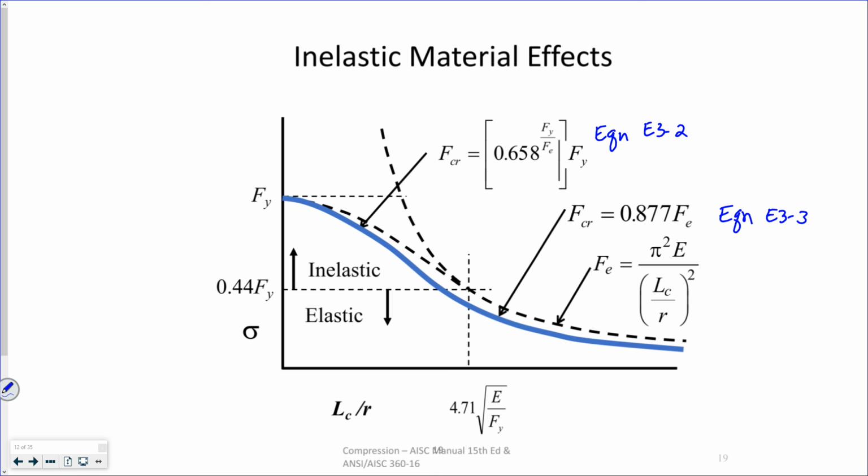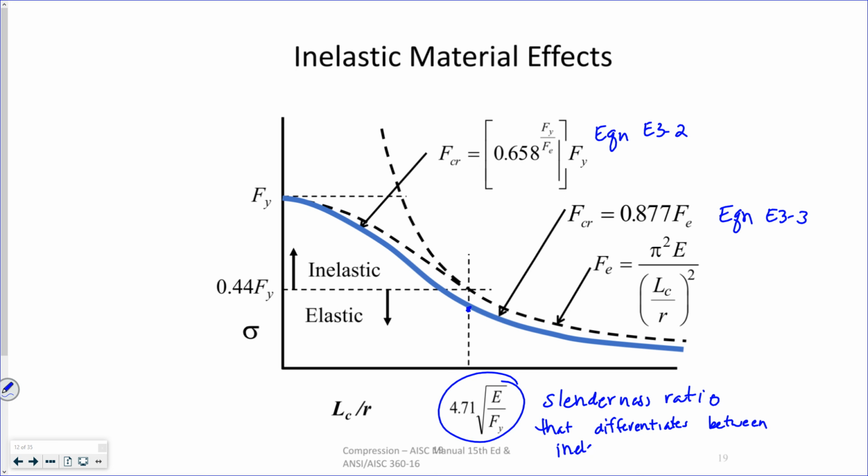And now, this is my slenderness ratio that differentiates between inelastic and elastic buckling.